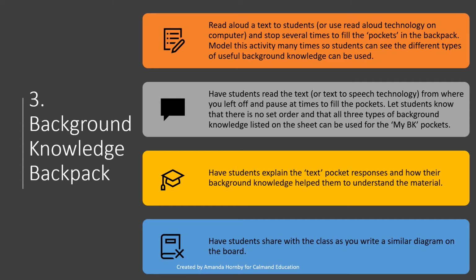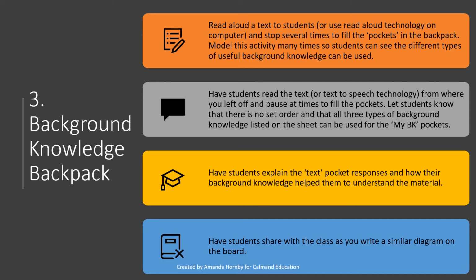Okay, so activity 3 is background knowledge backpack. You can read aloud a text to students, or for the dyslexic student you can use the read aloud technology on the computer, and you would stop several times to fill in the pockets of the backpack, which will be shown on the next slide.